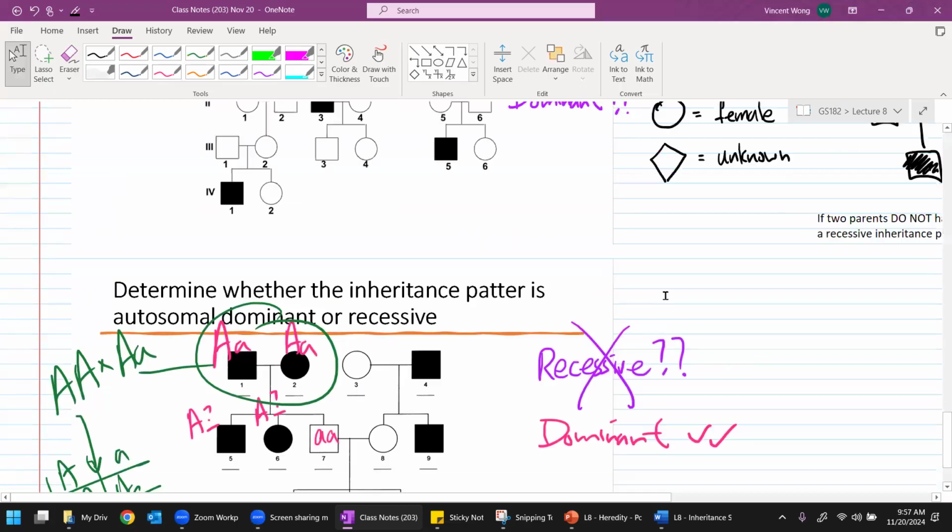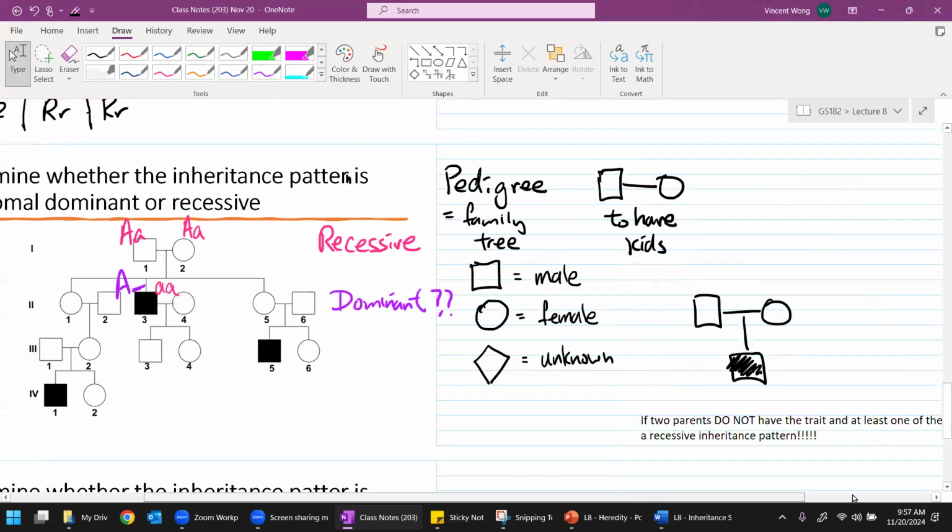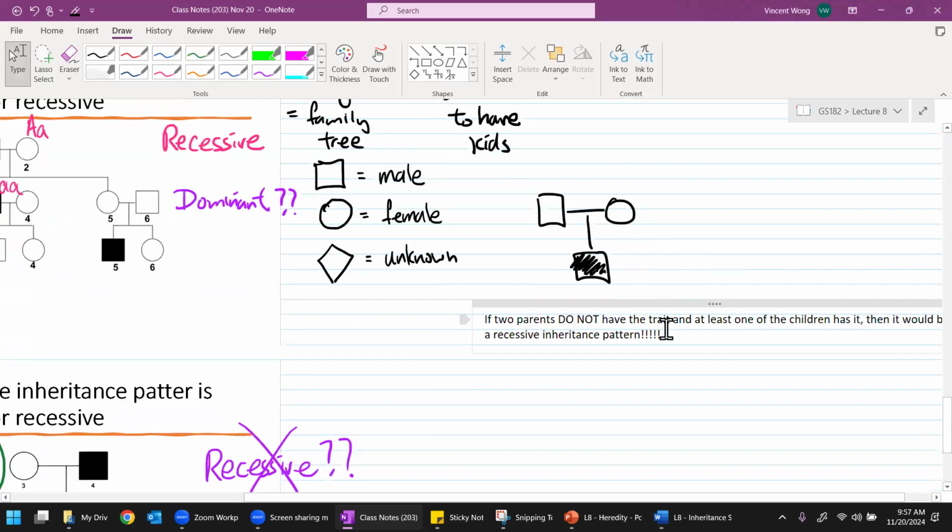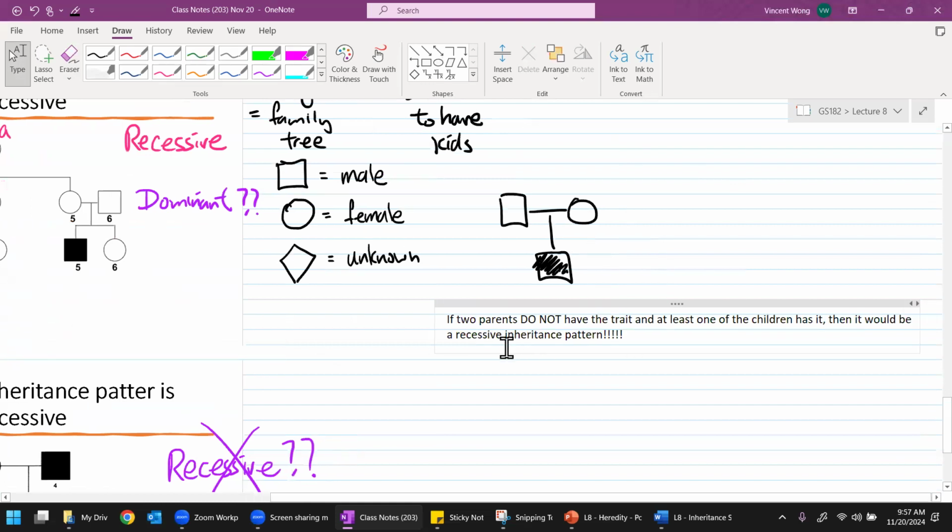Okay. So back to here. If you see this, then it must be recessive. If you see this, I mean the kid doesn't matter. The kid can be daughter or son, okay?